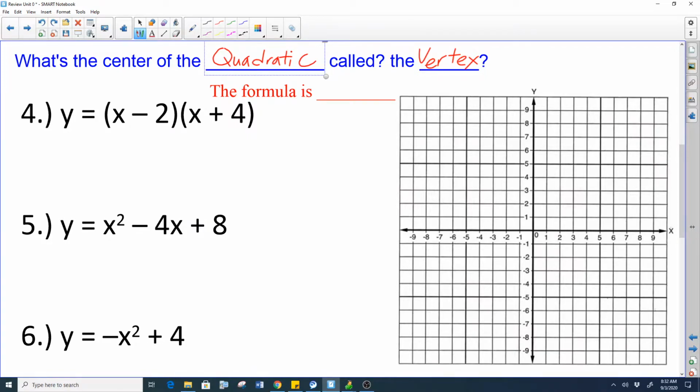Okay, so anybody know the formula to find the vertex? Do you remember from last year? I'll give you a hint. To find the vertex, we do x equals... it's part of it though.